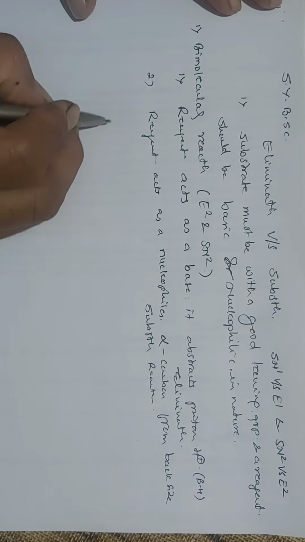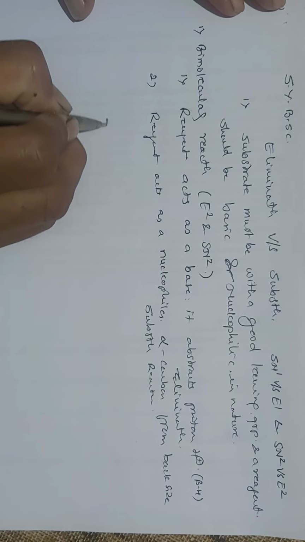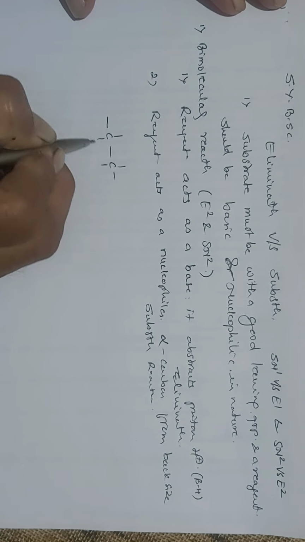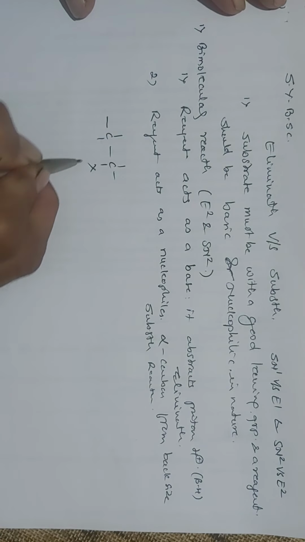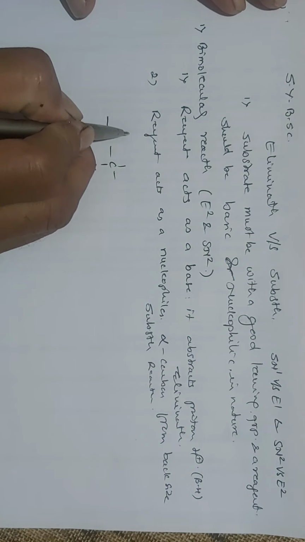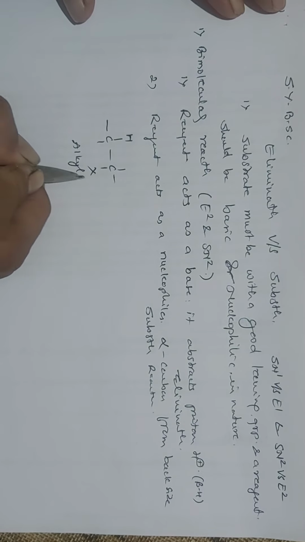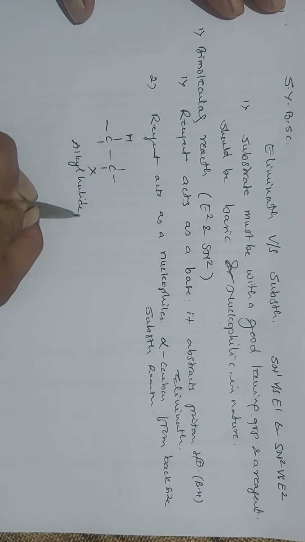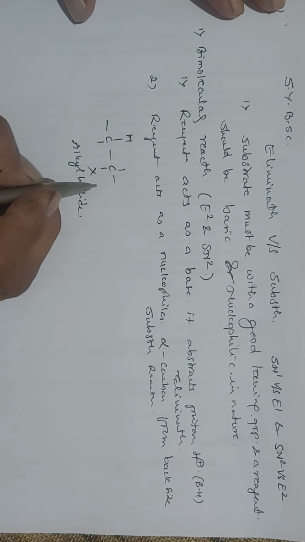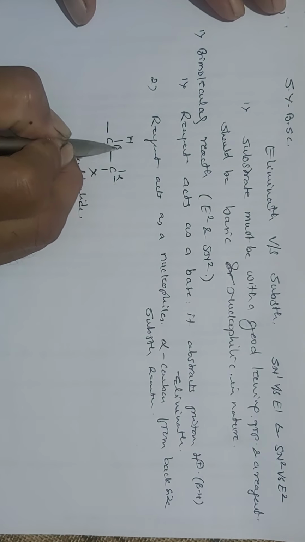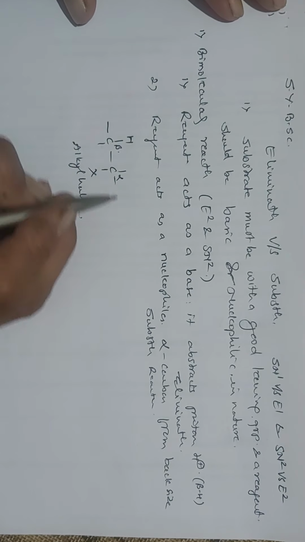This can be well explained by an example. Suppose this is the substrate molecule containing a good leaving group, and here there is a proton. So this is your alkyl halide, having a leaving group, and the carbon which contains the leaving group is termed alpha, and the carbon which contains a proton is termed beta.